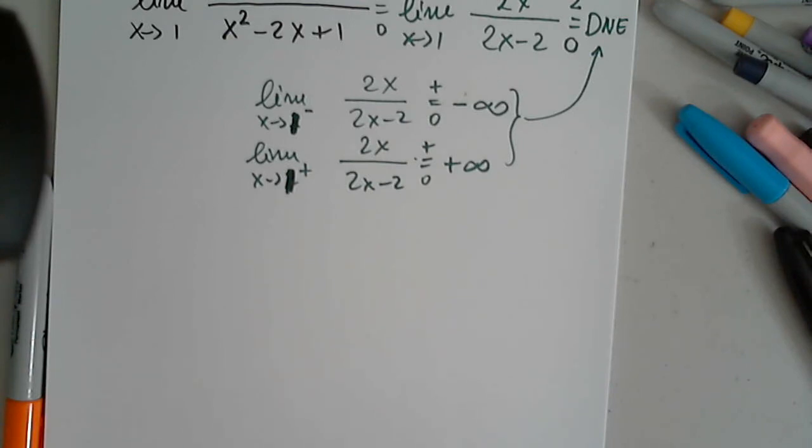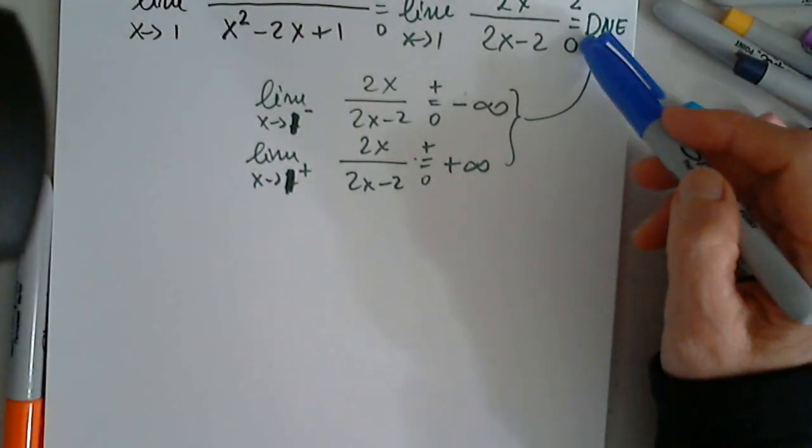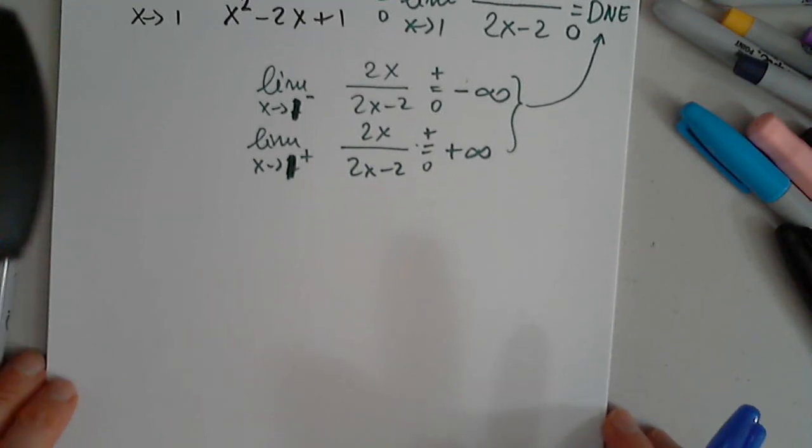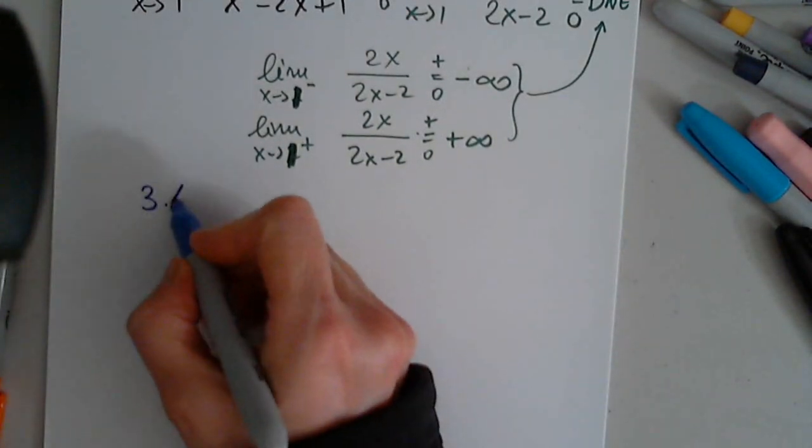Of course, you're not going to apply it if you get 2 over 0. You can't. Of course, you're not going to apply it if the answer is 3. You're done, right? But as long as you have 0 over 0 or infinity over infinity, you will apply L'Hopital's rule as many times as you need. Okay, finally 3.4.